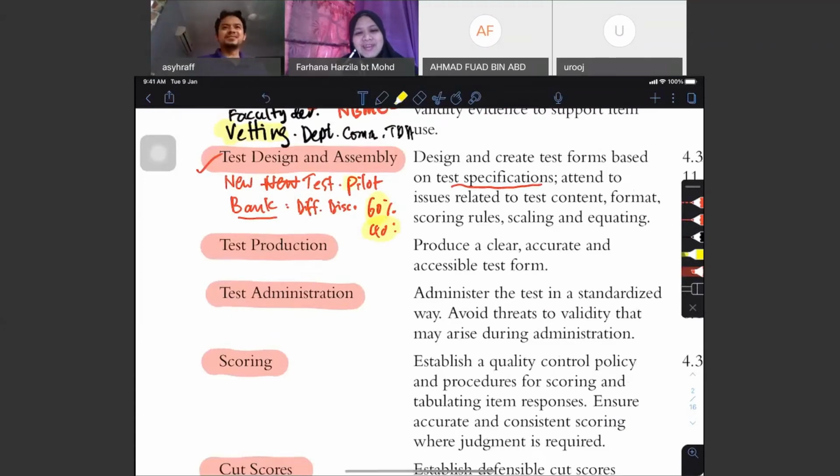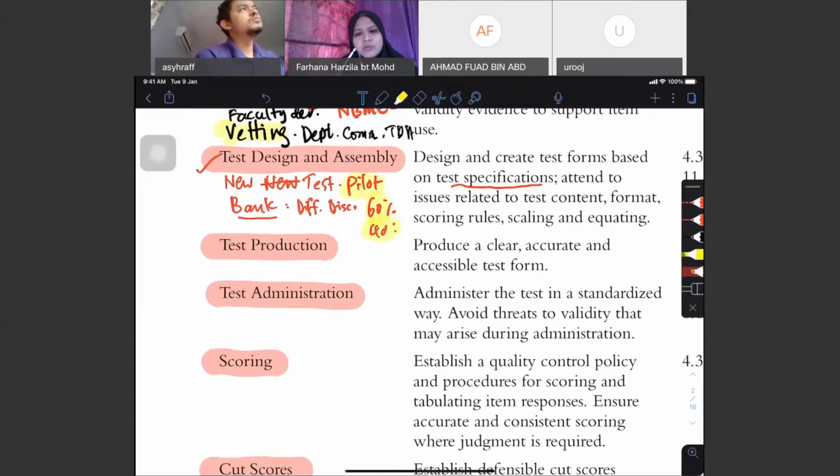If it is MCQ, for example multiple true false, it is included in the exam paper. Because it's only a small number, theoretically it's okay. We can put it in the actual examination paper, but a small number are new questions. They have already been vetted. The technical aspect is okay.